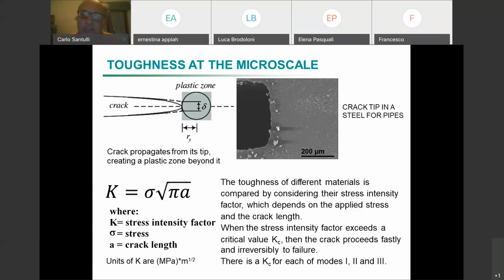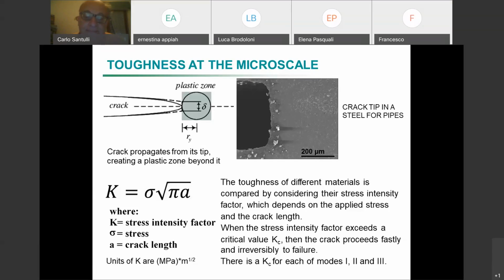For example, we show here a crack tip in a steel for pipes. Okay, of course, the irreversible propagation of the crack depends on the material and on the length of the crack we have applied.